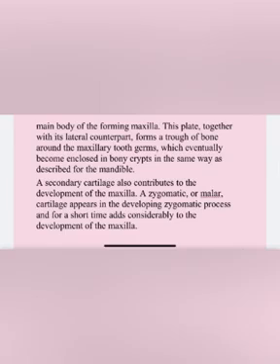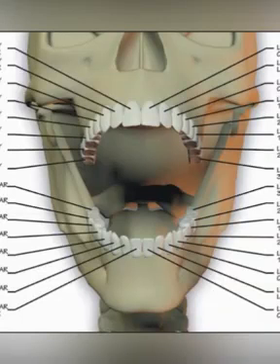The maxillary tooth gems will eventually become enclosed in bony crypts, just like you have in the development of the mandible. So you are appreciating the similarities in development of maxilla and mandible.